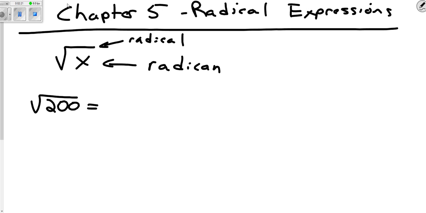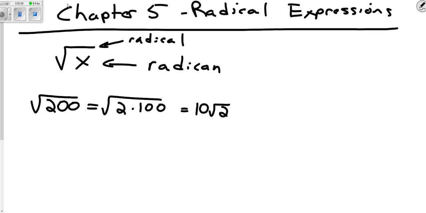I know that 200 is actually 2 times 100, and we know the square root of 100. What is it, Chloe? 10. Very good. Square root of 100 is 10, so you take that out, put the 10 out front. I don't know the square root of 2, so that one's done.